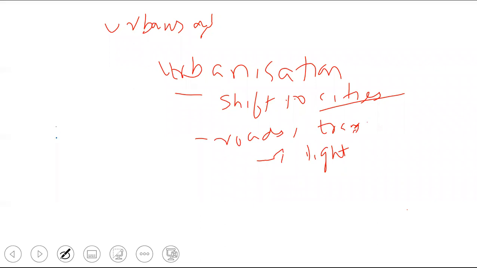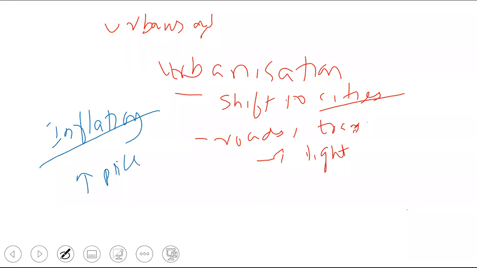And then next point is inflation. So many times we talked about this point. Again, I am repeating. That is price. What do you mean?